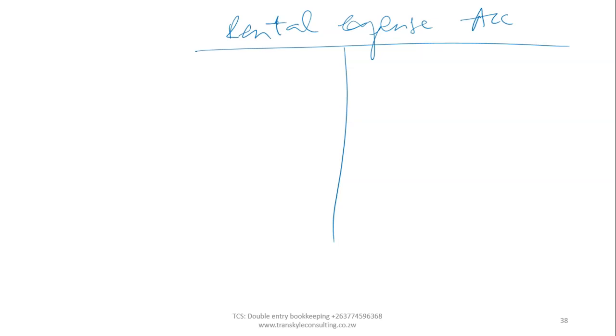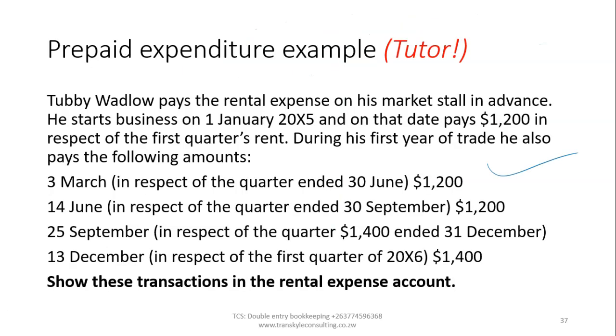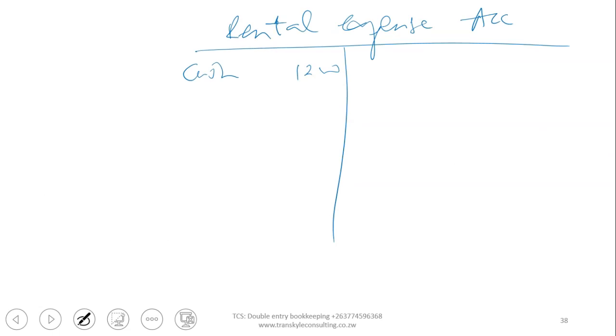So we're going to say cash 1,200, which was paid initially on 1 January. He paid 1,200, and then he followed by another 1,200, another 1,200, and then 1,400. We also have to record it in this expense. We just record everything. Cash, again 1,200.